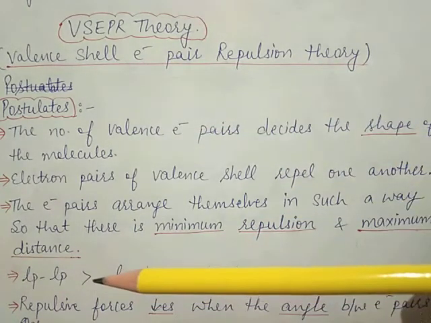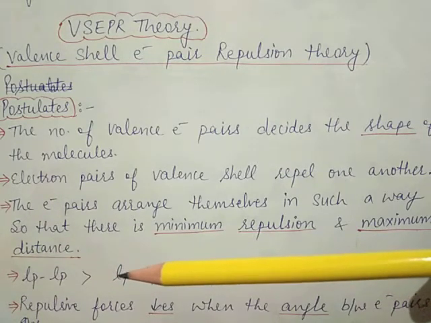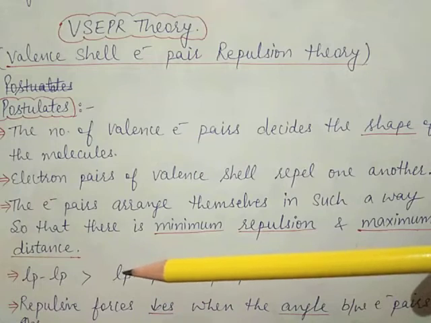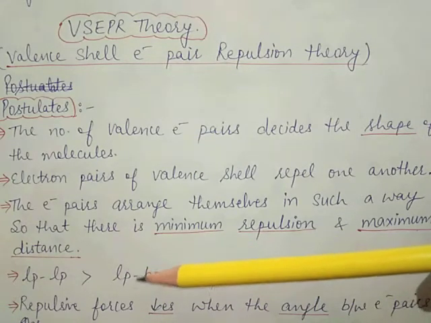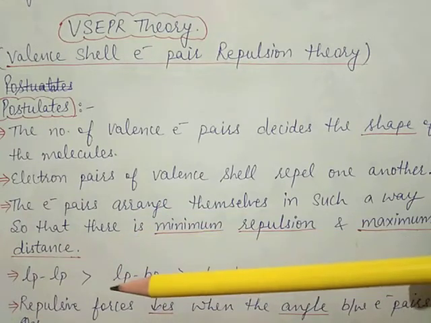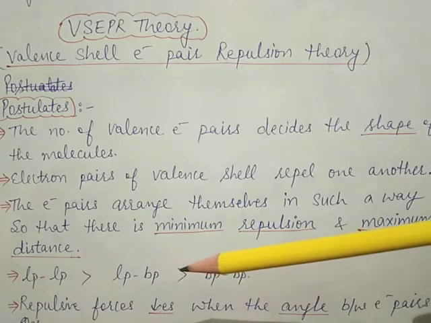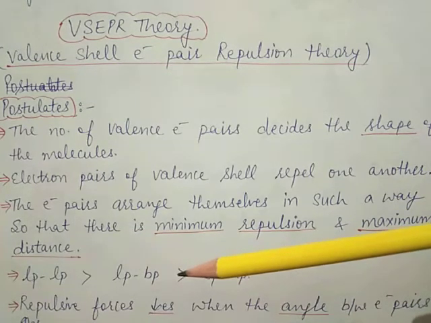Why is the lone pair repulsion more? Because the lone pair occupies more space as compared to the bond pair, so it lies closer to the central atom.